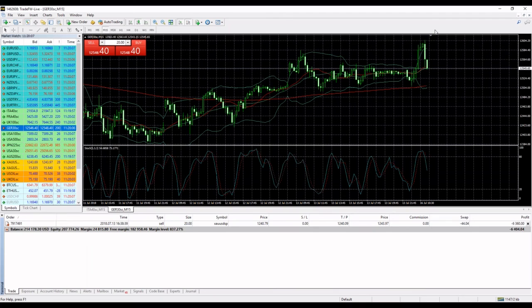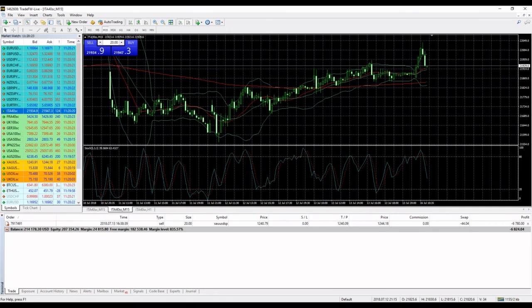Let's see how we will continue, if we will open another trade, yes or no, because the market is quite interesting. It looks like they will make a range, not as I initially estimated, that they will have a trend and it is following.